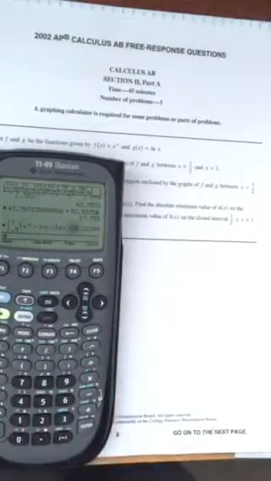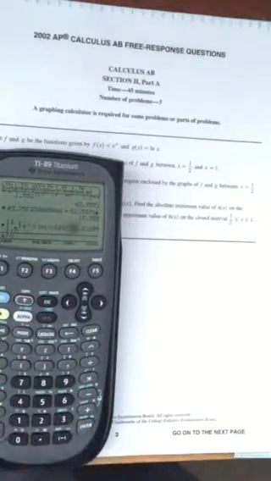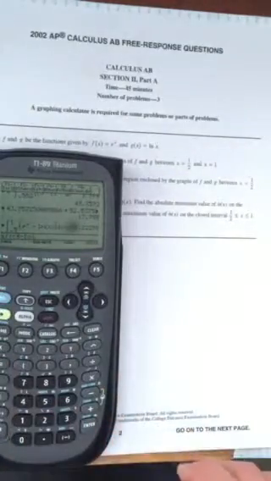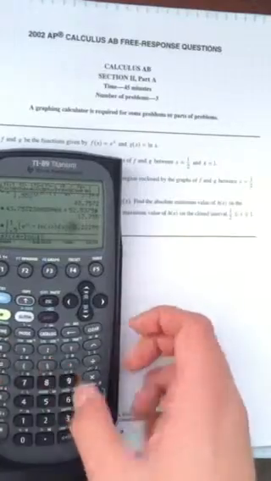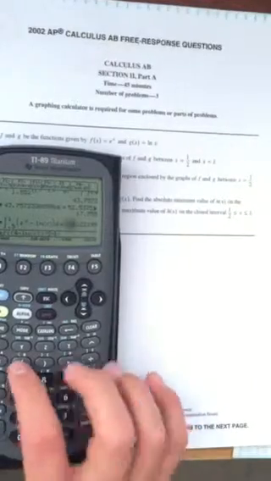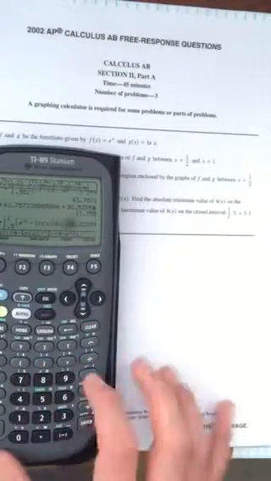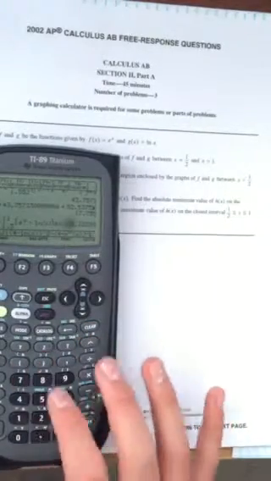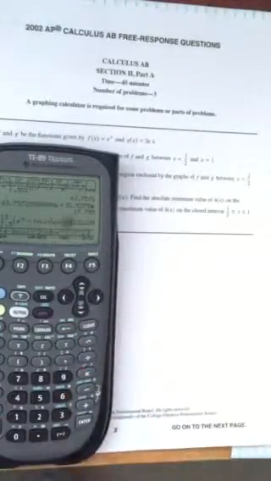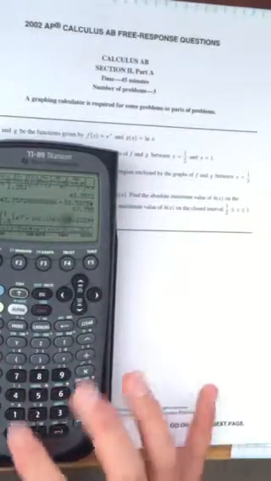You want to multiply by pi, because it's a revolution, that's the formula. You go integral, parentheses, 4 minus ln of x, squared, minus parentheses, 4 minus e to the x, squared, comma x, comma 0.5, comma 1.